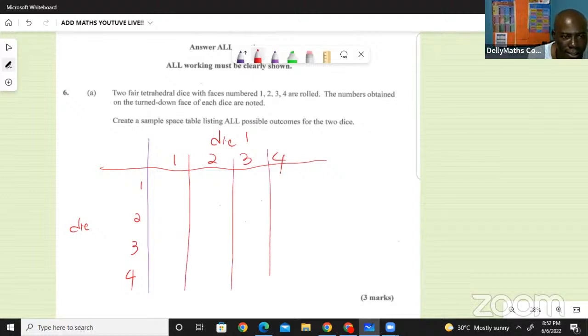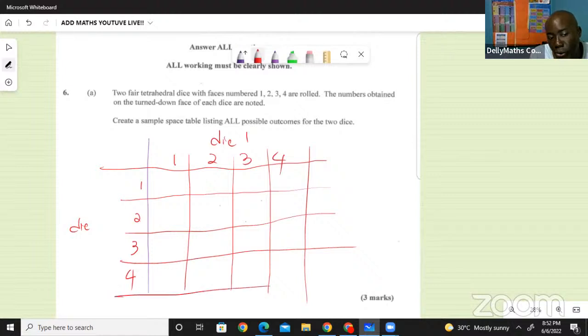Then we're going to create all the possibilities if those 2 dice are thrown. Now let's work with this die here. If I'm looking at this die, we'll have 1, but it could come with a 1 from the other die. This is die 2.